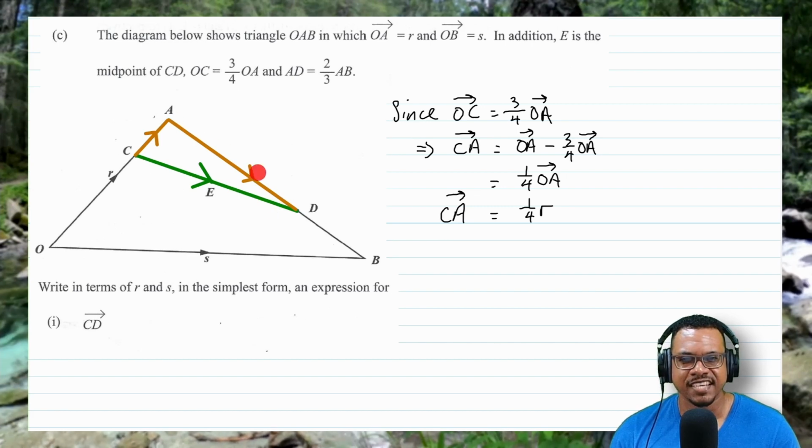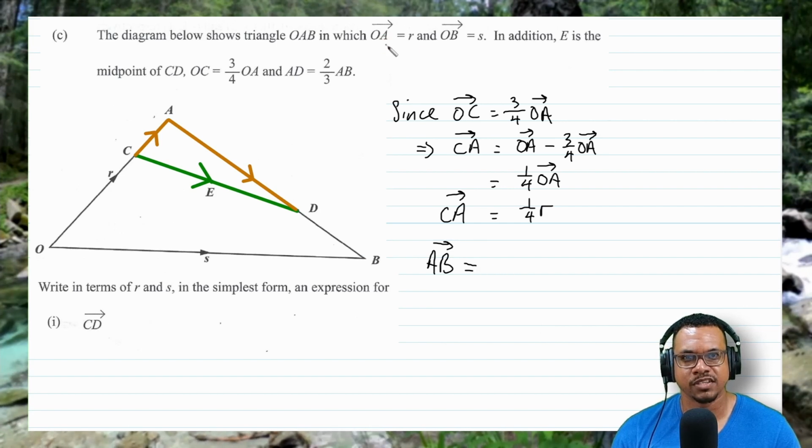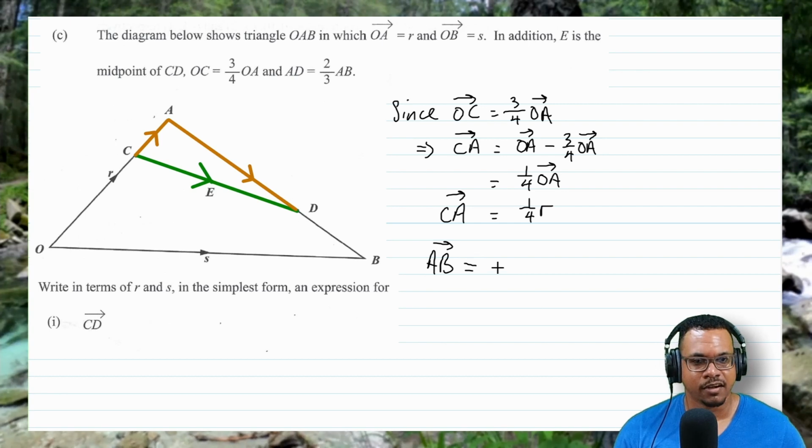And then we need to know what's A to D, and we see that A to D is 2/3 of A to B. So now we need to know what's A to B. Let's write that out. We follow the simple rule: if you keep any same letters in the middle, we have O to A and O to B, so we just have AO plus OB.